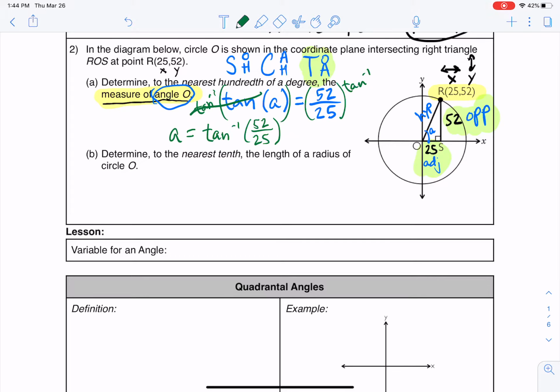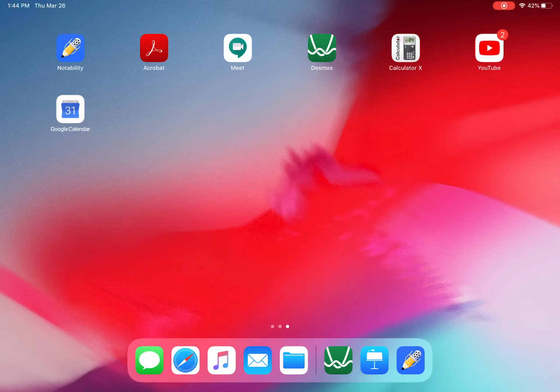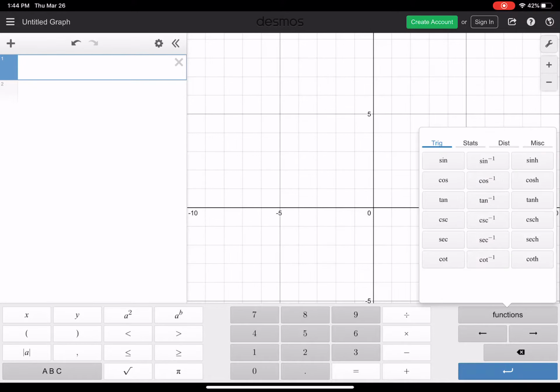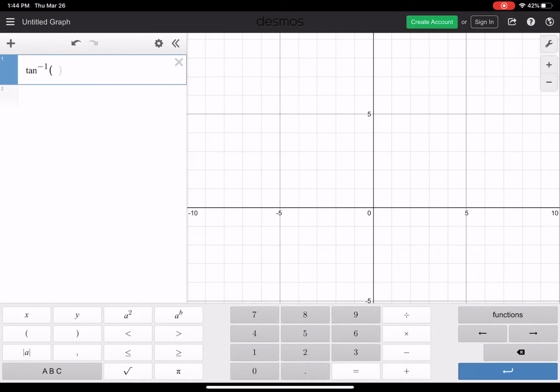All right, so let's turn to our calculator. I'm going to go into functions. I'm going to find tan -1, and then I'm just going to type 52 divided by 25.